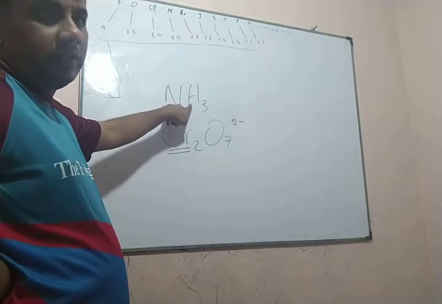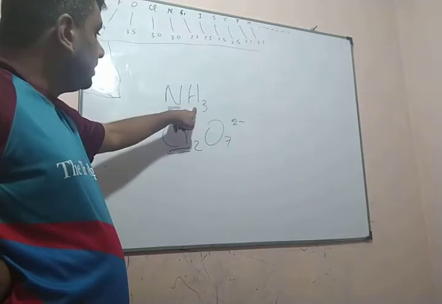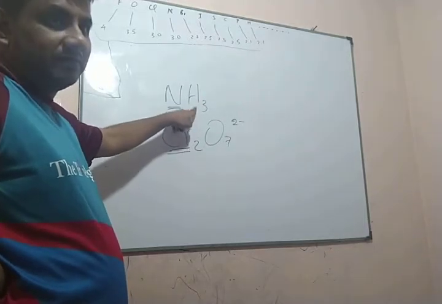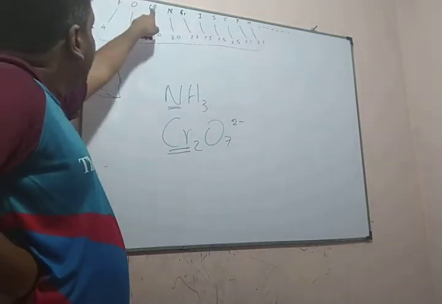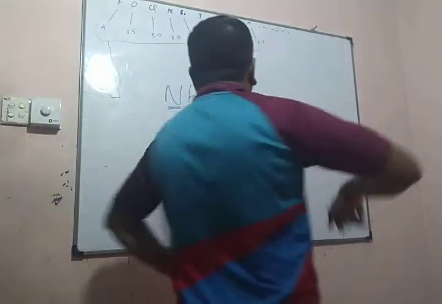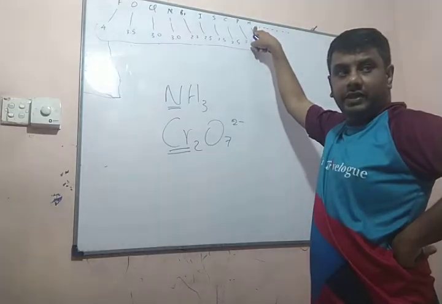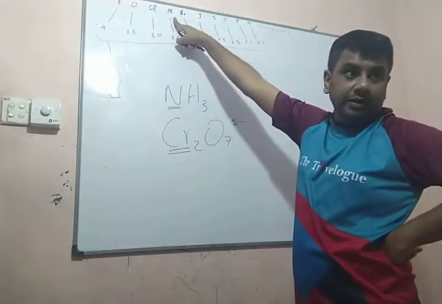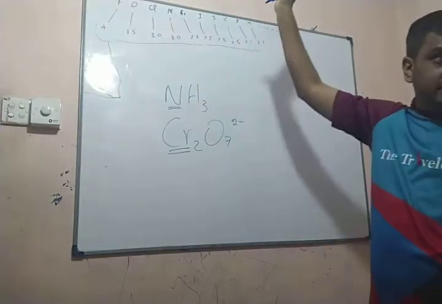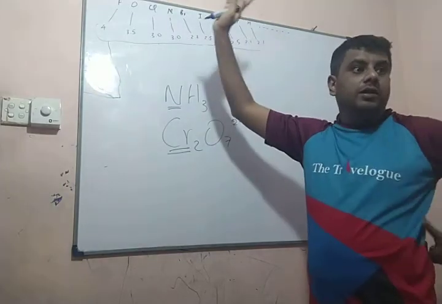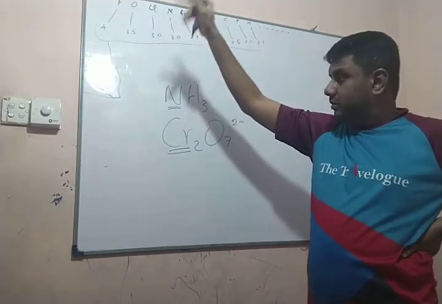You should know the oxidation state of at least one. What's the oxidation state of hydrogen? NH, right? Which one is more electronegative? Nitrogen is more electronegative and hydrogen is less electronegative or comparably electropositive, right?